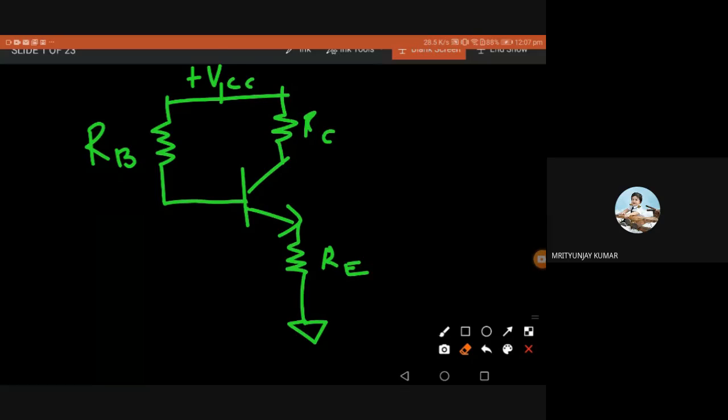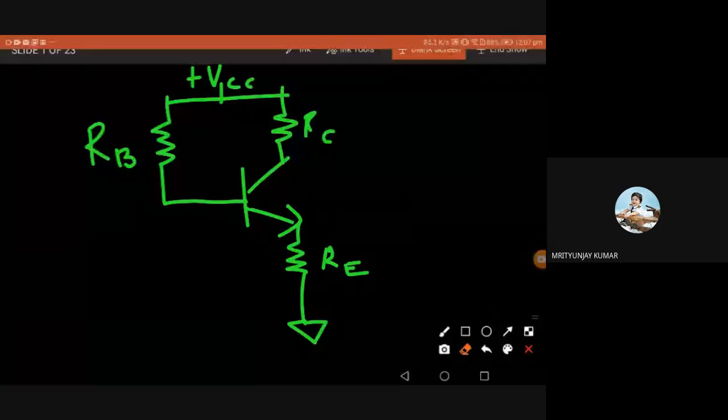What is the feedback concept? In any system we have studied, we have an input and output. There's some process going on inside the system, maybe a mathematical operation or some hardware or some software, whatever.